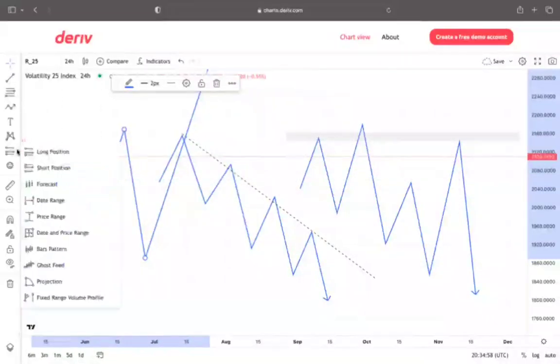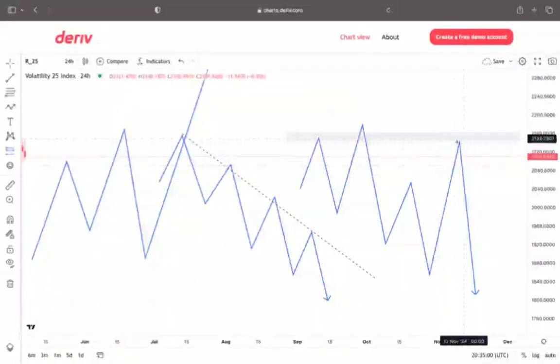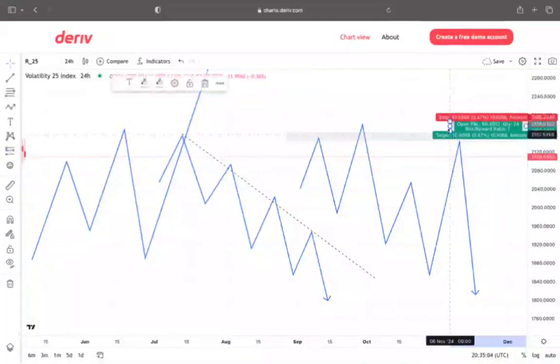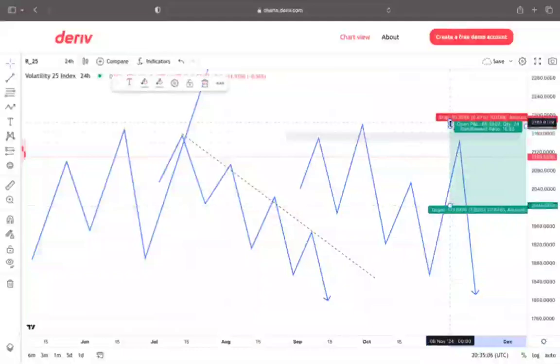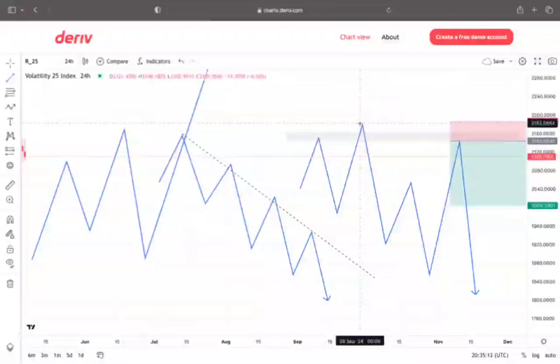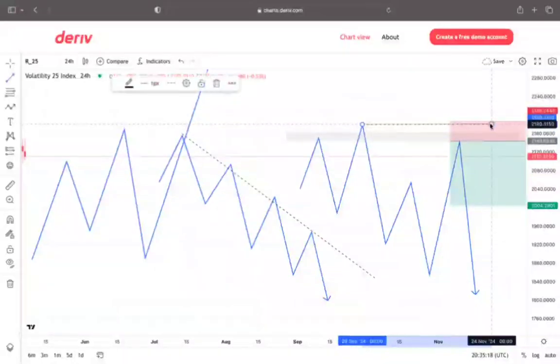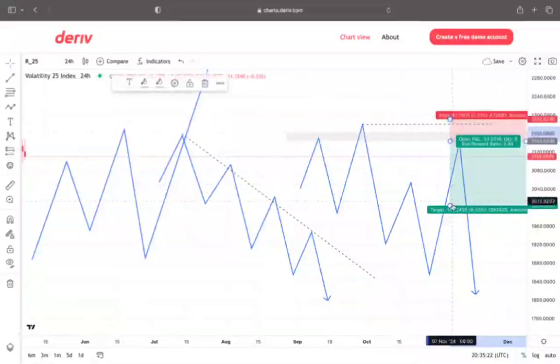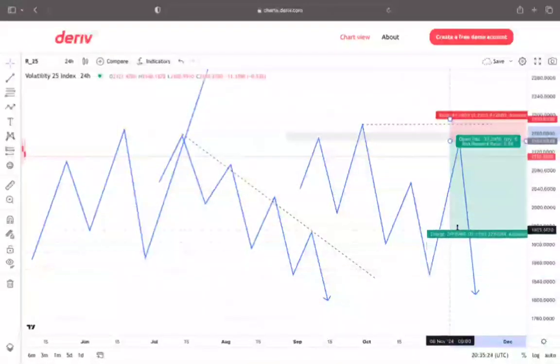True, man. They are correct. He will put his entry here, put his SL above this high. Let me show you. He will protect this high. Put his SL above there, and then target maybe 1 to 3.